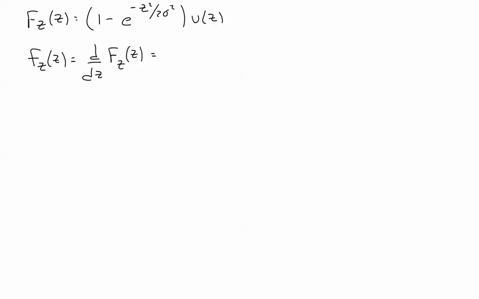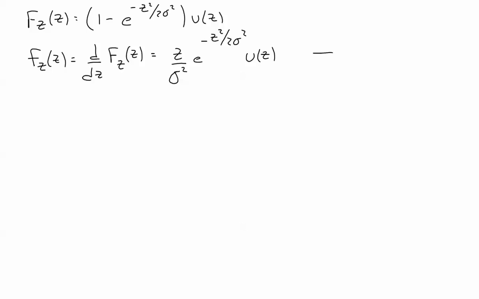And I get z over sigma squared e to the minus z squared over 2 sigma squared. Once again, the step functions don't come out of either the integration or derivative process. I just have to be clever and notice that z is always positive and throw that back in.